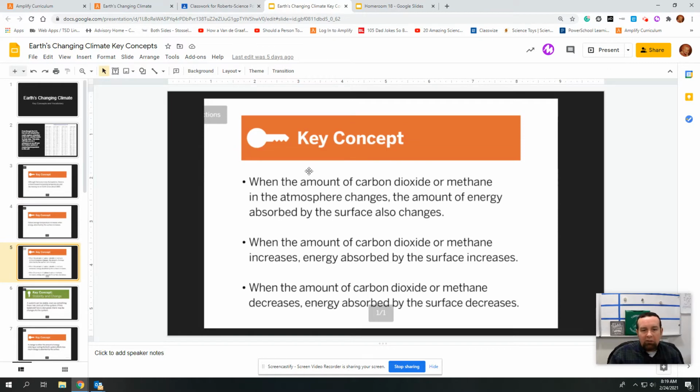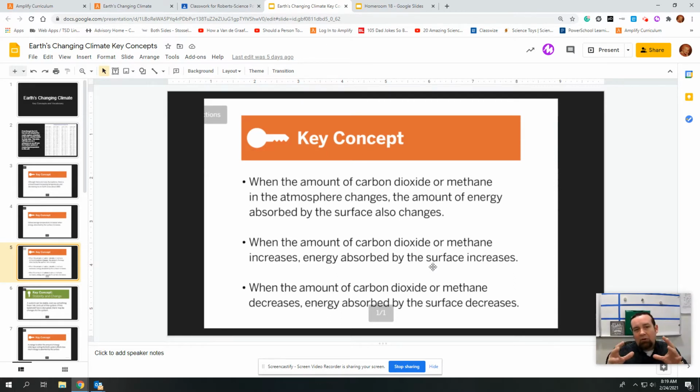Now, this right here is really important for you guys to commit to memory. There are two gases that are key contributors to climate change: carbon dioxide and methane. And when the amount of either one of these two, carbon dioxide or methane, increases, the amount of energy being absorbed by the surface increases.